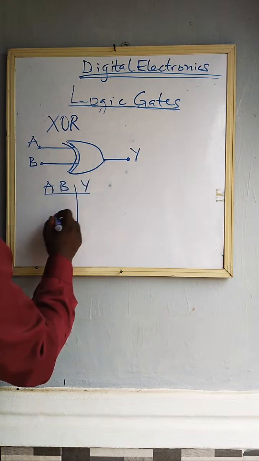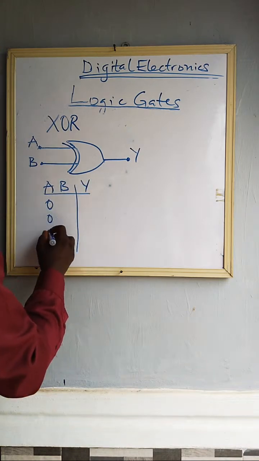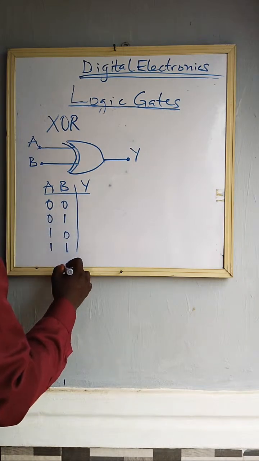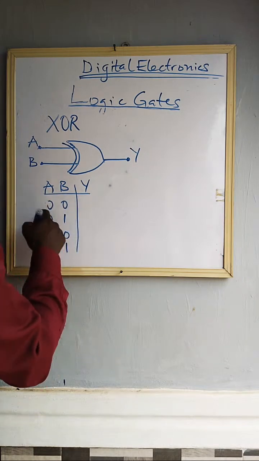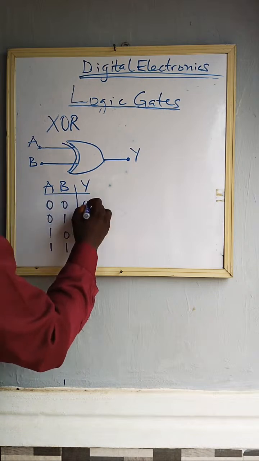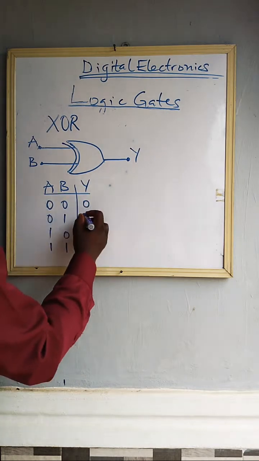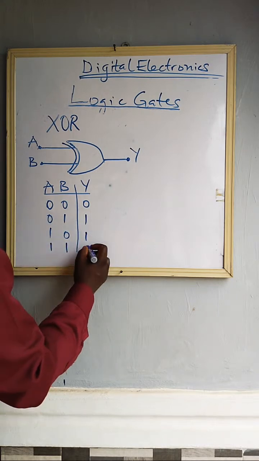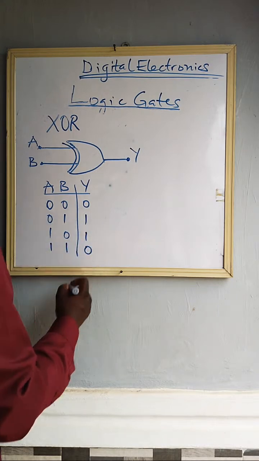A and B: 0 0 1 1, 0 1 0 1. So for 0 and 0, we are going to have a 0, low output. 0 and 1, we have a 1. 1 and 0, we have a 1. 1 and 1, we have a 0.